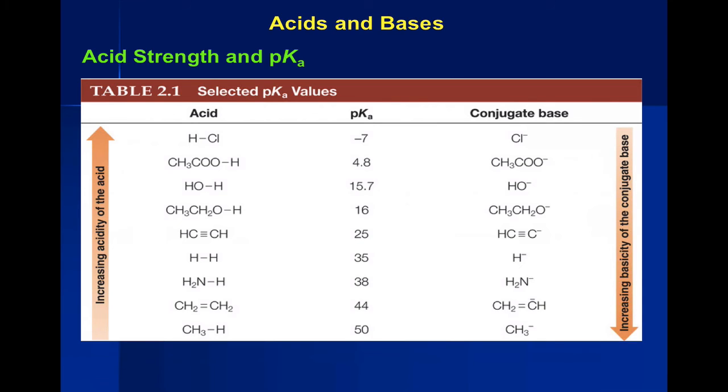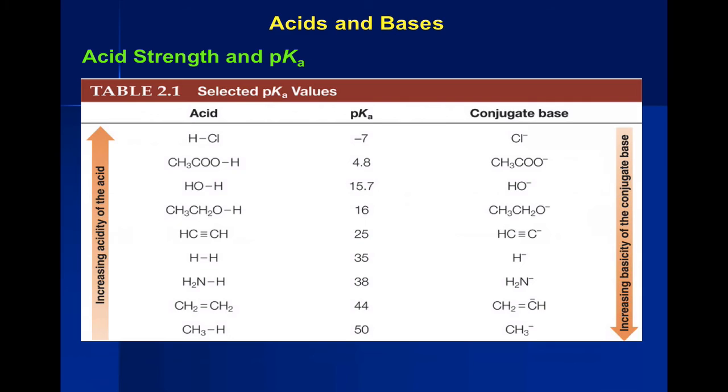Here are some examples. I do not expect you to commit the entire list to memory. HCl has a pKa of -7. Acetic acid is just under 5. Water is just under 16, which is very similar to alcohols. So what could I predict then? If I know the chemistry of water, I probably also know the chemistry of most alcohols. Surprise, surprise. In fact, alcohols are nothing more than organic derivatives of water.